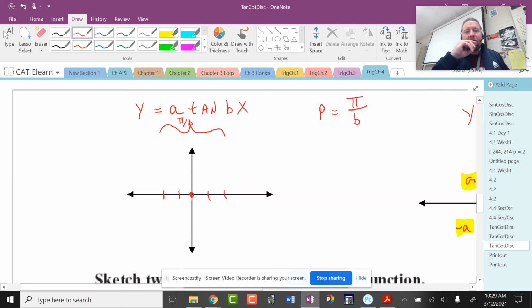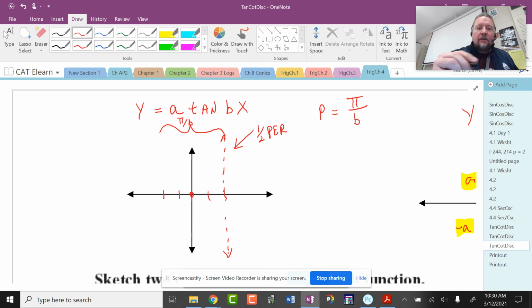Trying to write it real nice. Then this asymptote right here, because that's what happens with tangent, this is half the period, because I got to go half the period to the right and half the period to the left to draw the initial asymptotes. So this is negative half of the period.